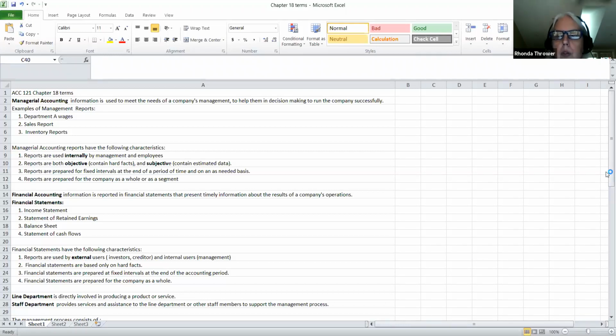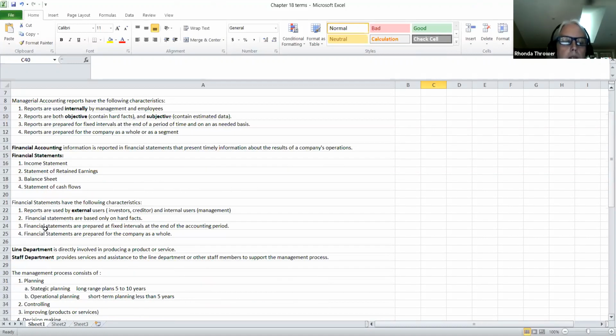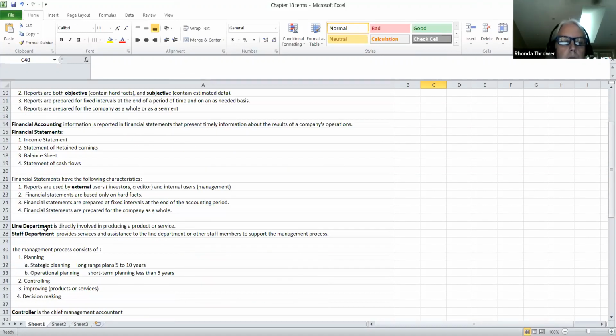Another term that you're going to run into in this chapter is what we call a line department. A line department means basically that employees in a company who are directly involved in producing a product or revenue will be considered the line department.